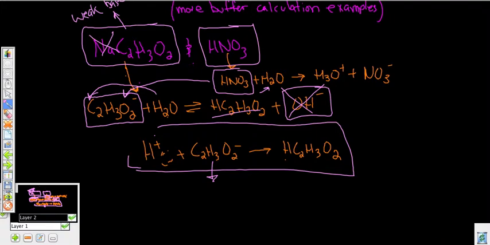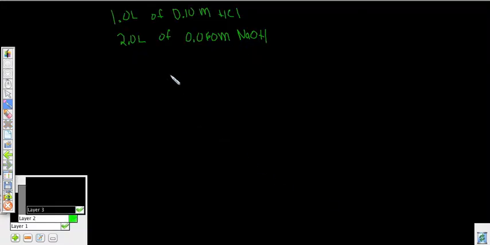So let's look at one more situation. What if we take 1 liter of a strong acid, hydrochloric acid, and we take 1 or 2 liters of this strong base.